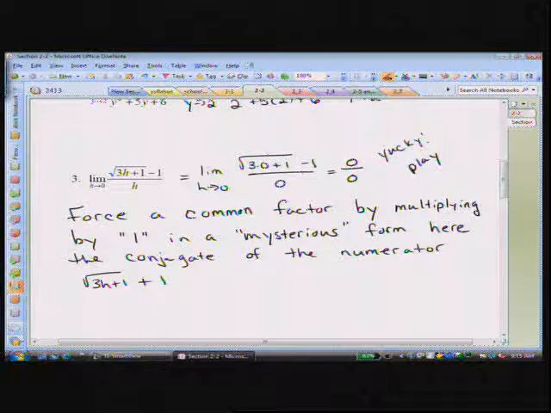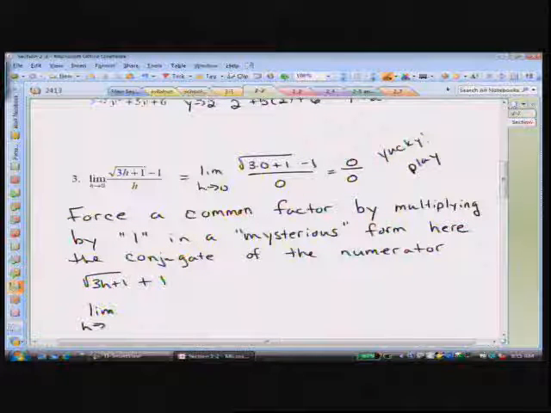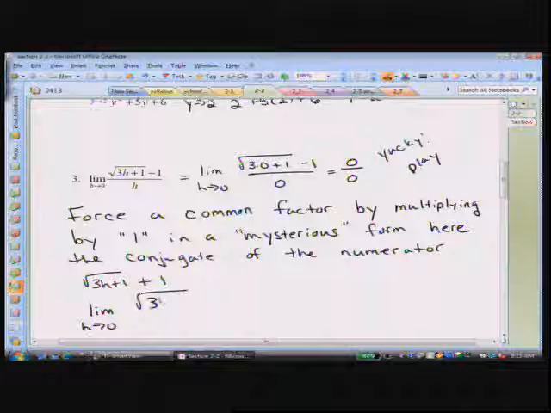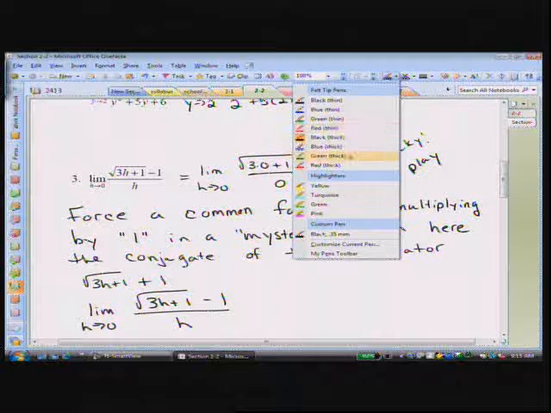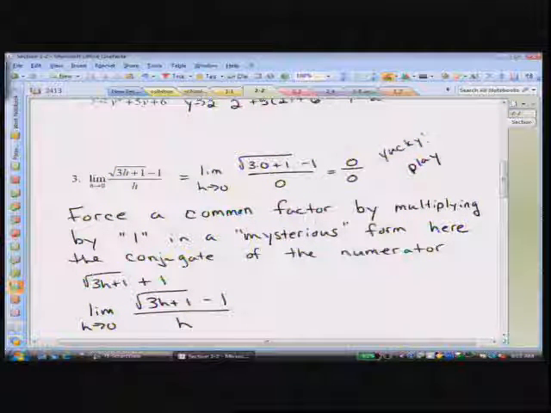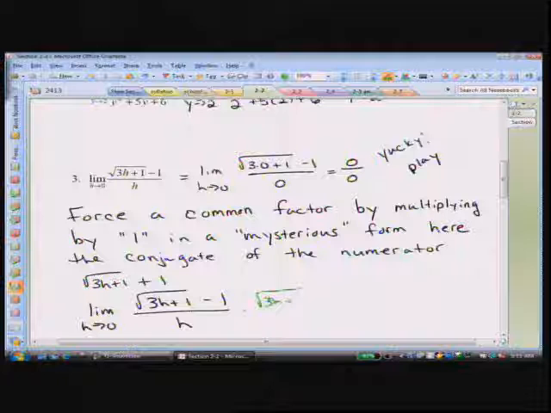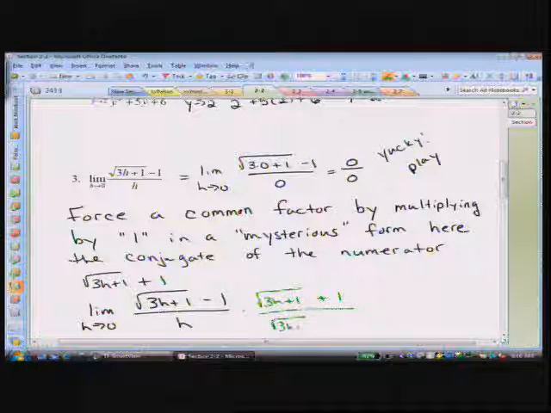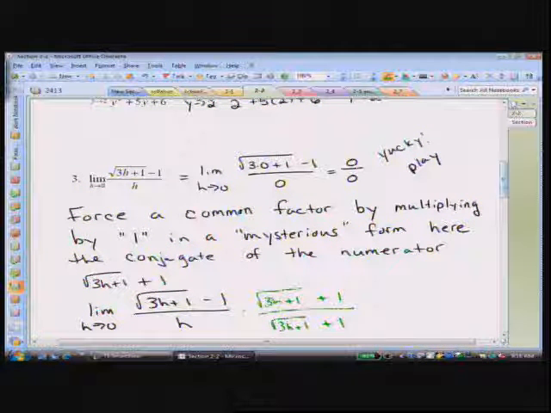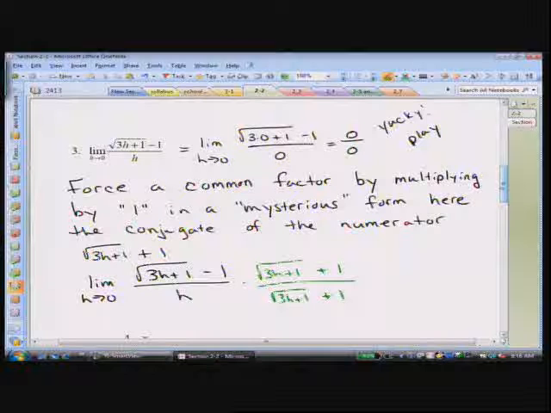Okay, so we will take this limit as h goes to 0 of the square root of 3h plus 1 minus 1 all over h, and we will multiply on the top and bottom by the conjugate. You can always multiply by 1, right, which is what we're doing. It's just weird. I mean, 5 over 5, 7 over 7.